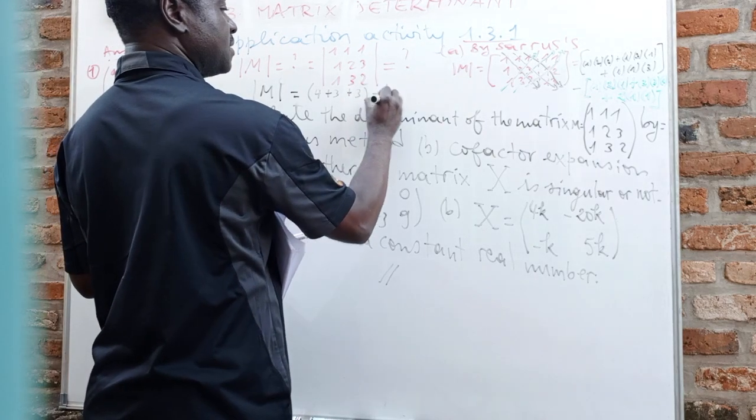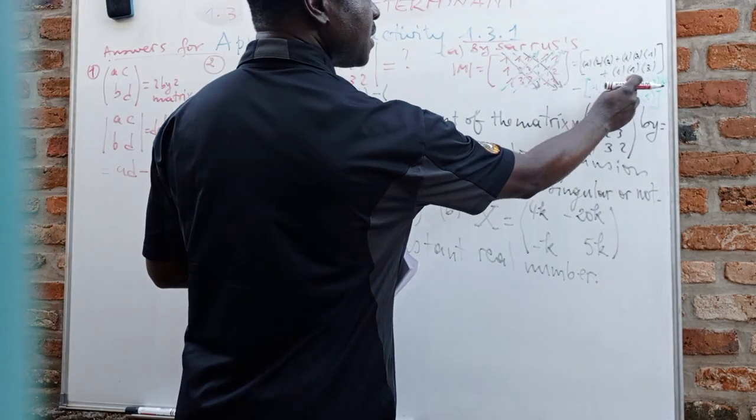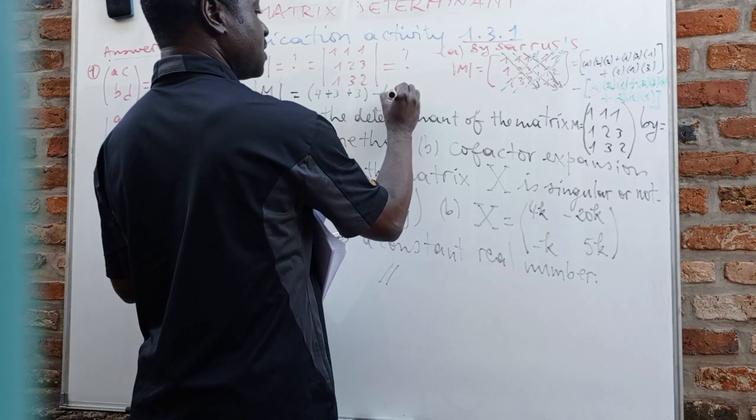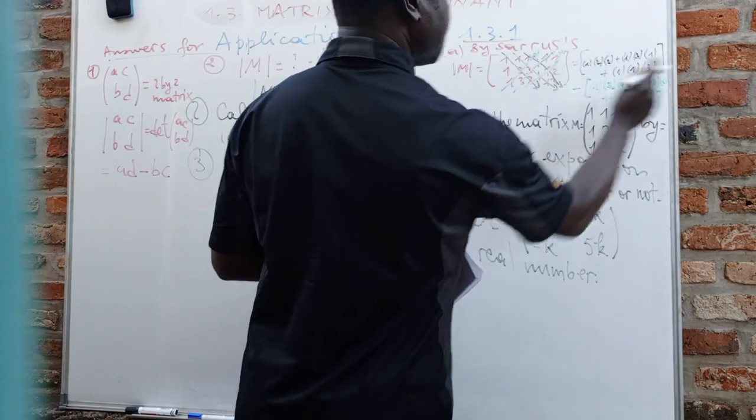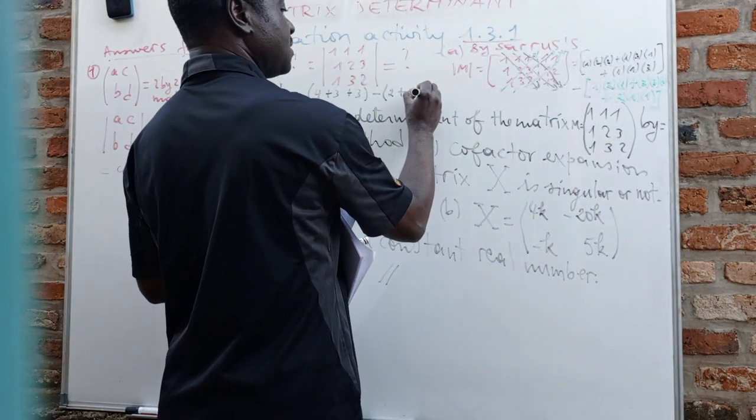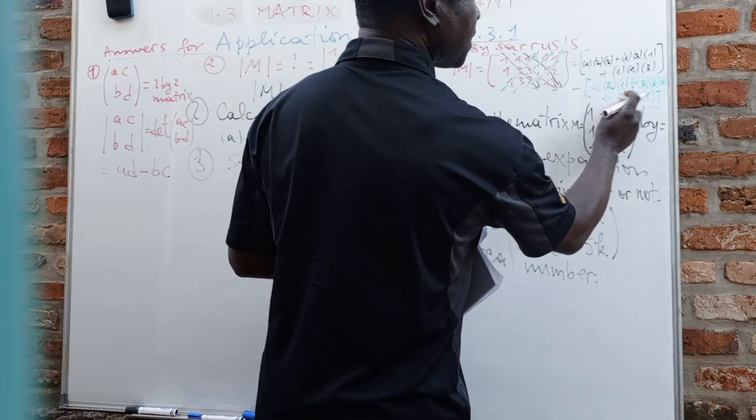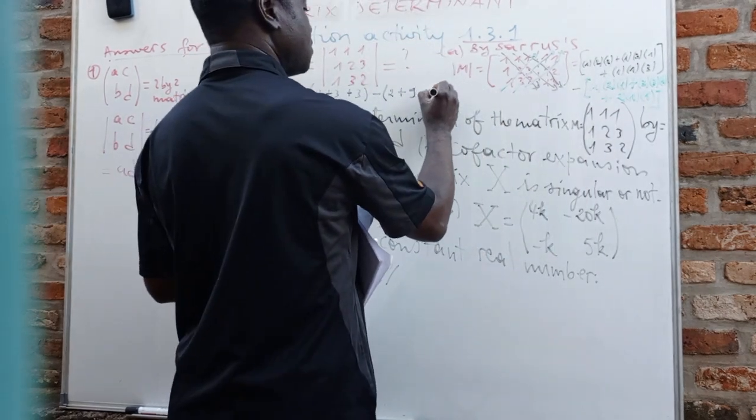Okay, minus now 1 times 2 times 1 is 2, plus 3 times 3 times 1 is 9, plus now 2 times 1 times 1 is 2.